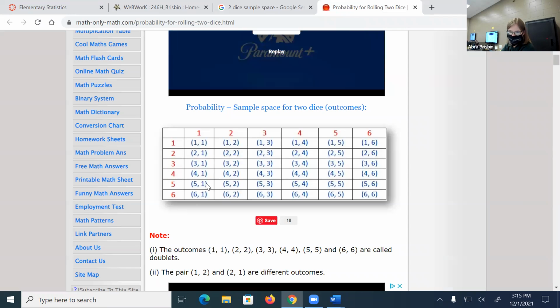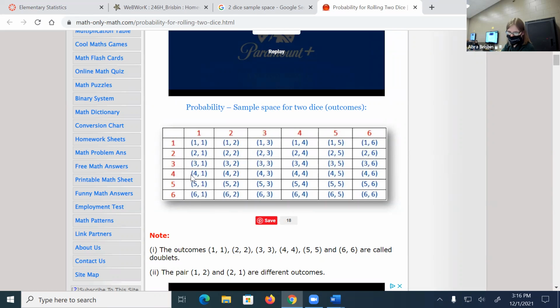So let's see. We've got these 3, 1, 4, 1, 5, 1, 6, 2, 5, 2, 6. So that 3 plus 2 is 5. 3, 6 makes 6. And then we have sort of the mirror image down here.